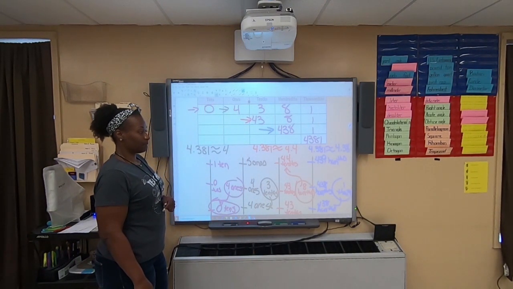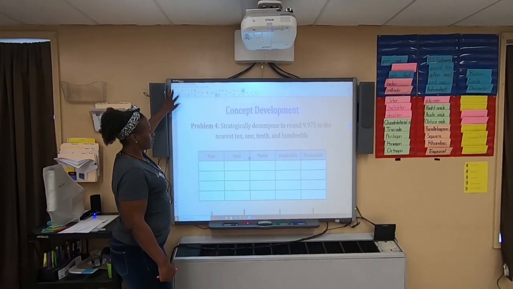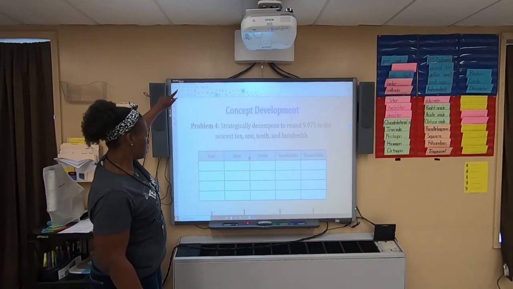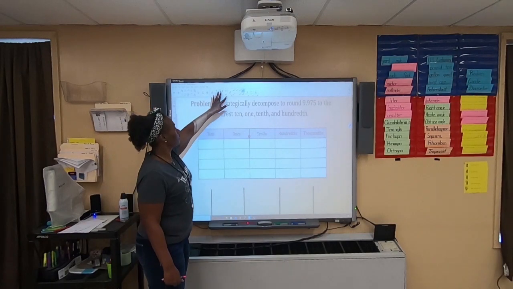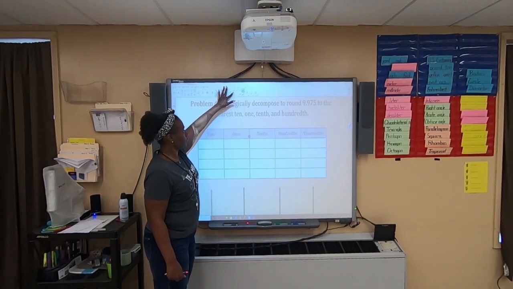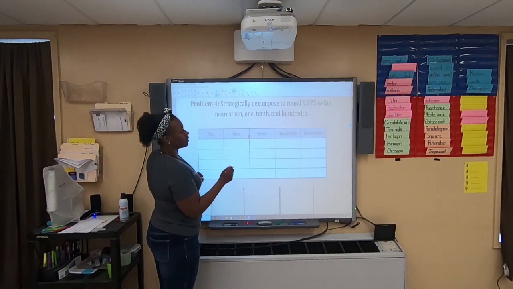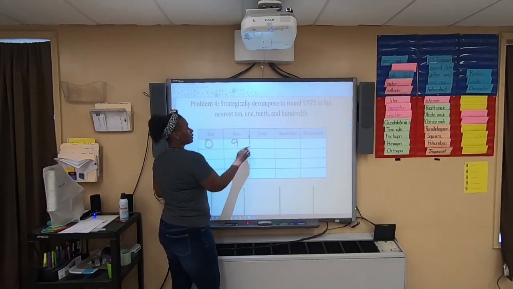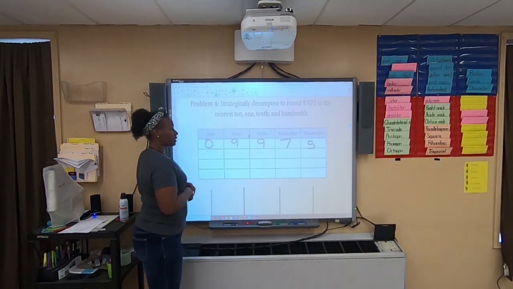Okay. Let's go through, we have one more where we are rounding to the tens, ones, tenths, and hundredths. So let's start with our decomposed part. Okay, so I got 9. Notice I have no tens, so I'm going to start with my 0 tens, 9 ones, 9 tenths, 7 hundredths, 5 thousandths.